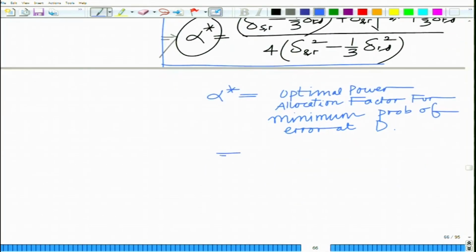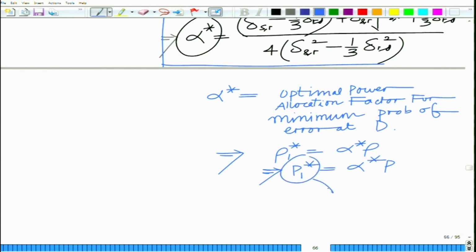This implies that your rho 1 star equals alpha star rho, optimal SNR. So this implies also that P1 star equals alpha star P. What is P1 star? Optimal source power.